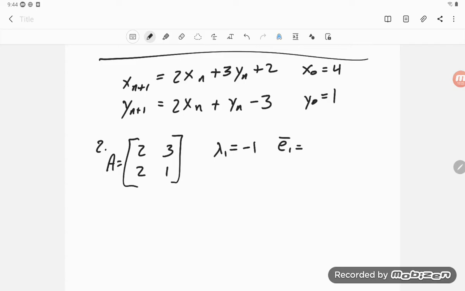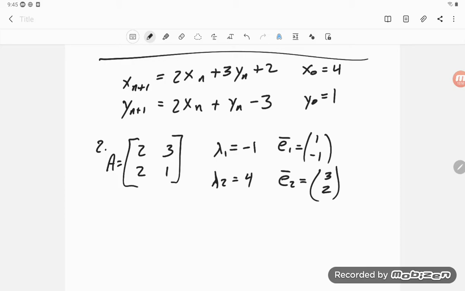and E1 is equal to the vector 1, negative 1, and lambda 2 is equal to 4, and E2 I chose to write as the vector 3, 2 to keep integers. So you can always do that.